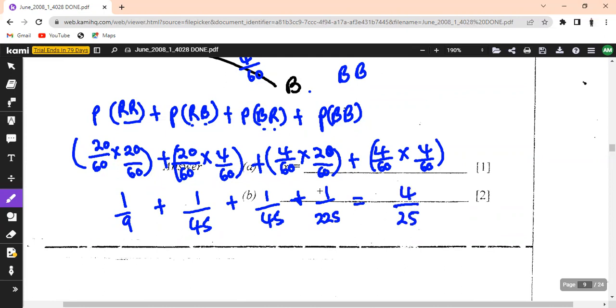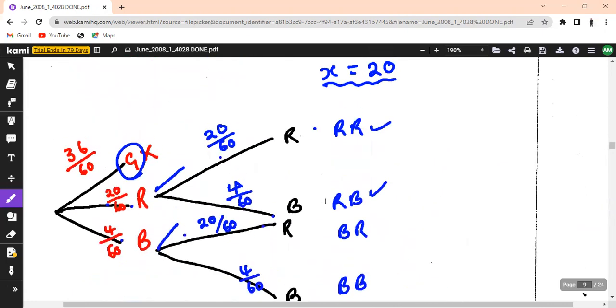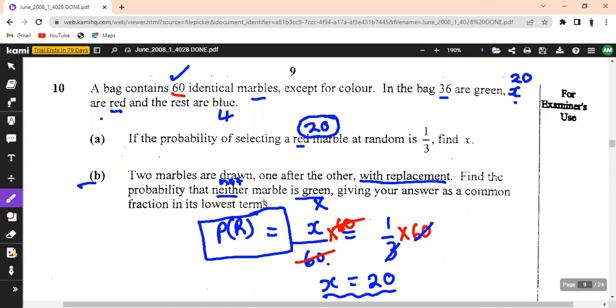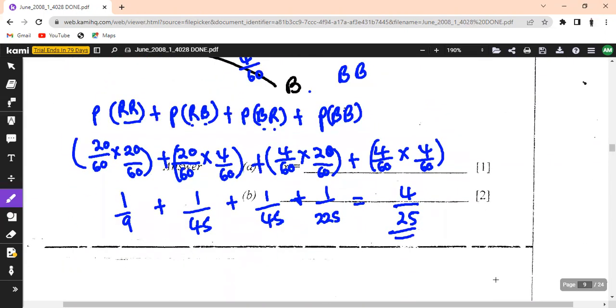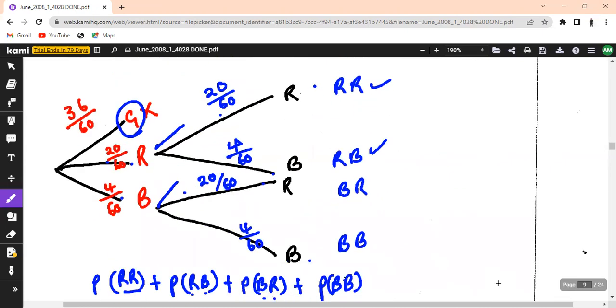So I want you guys to add everything there. You're going to obtain 4 over 25. You add, find the LCM and so forth, or you can just simplify in a better way that you can understand. But like I said, guys, you are not supposed to do everything as it is, and this question does not make sense: 3 marks, 2 marks for just this. Okay, anyways, you just have to try and see what we got then.